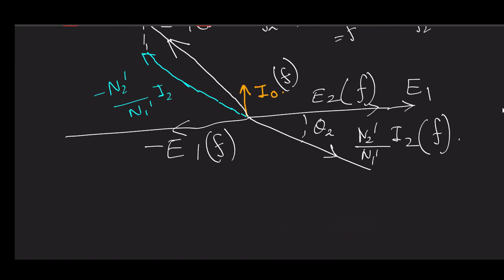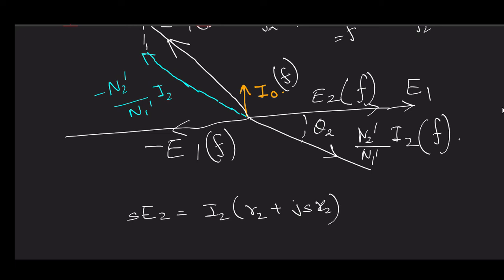So once you understand this, it is not difficult to draw the phasor diagram, as the secondary side is short circuited. What you can do is write that SE2 is equal to I2 R2 plus jSX2, right?